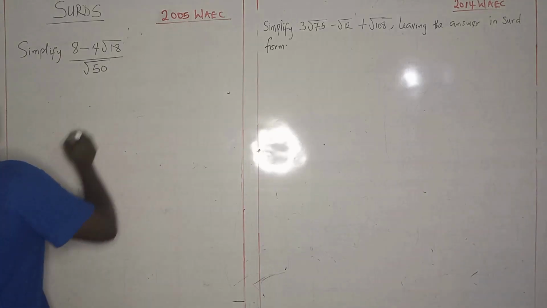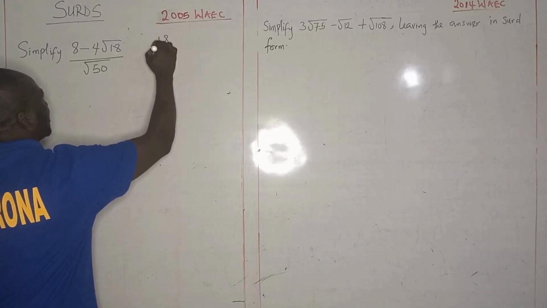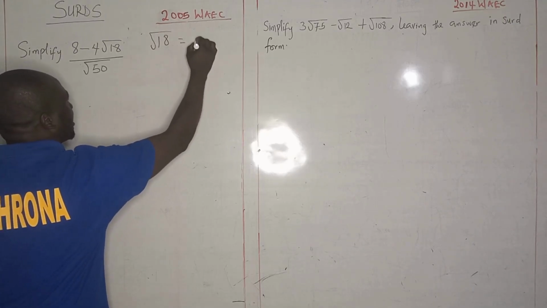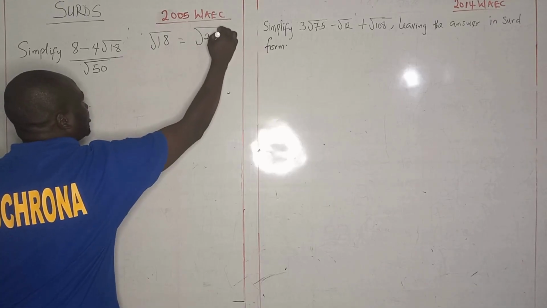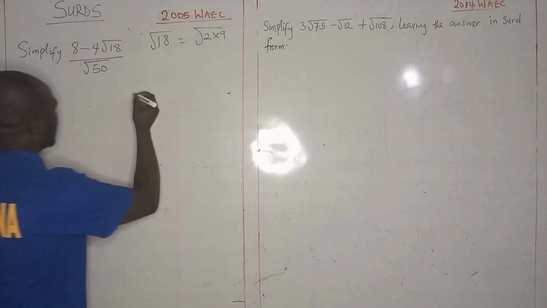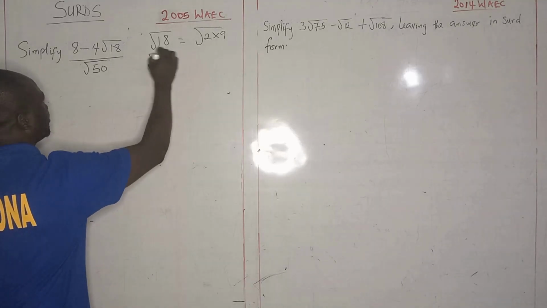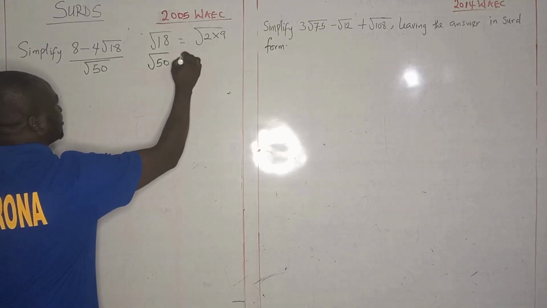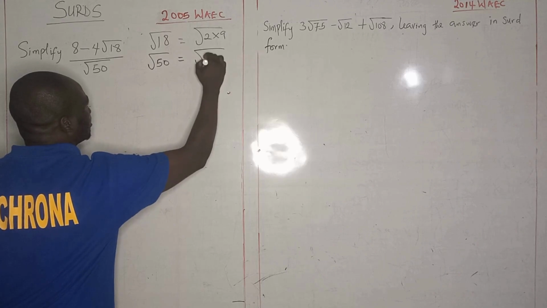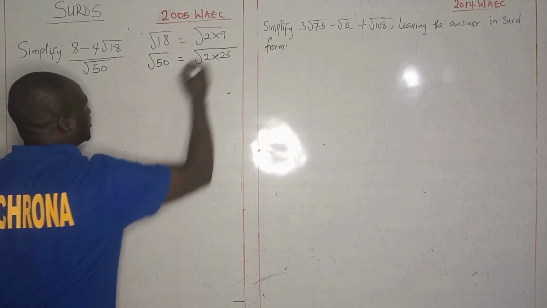So, what does that mean? If we look at 18, root 18 is the same thing as root 2 times 9, because 9 has a square root. The same with root 50: root 2 times 25. Right?